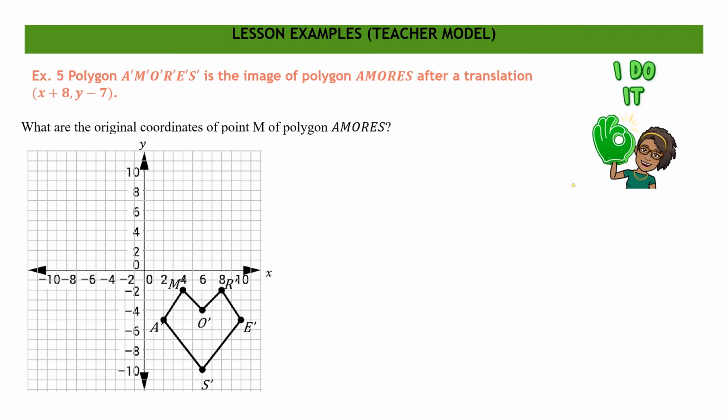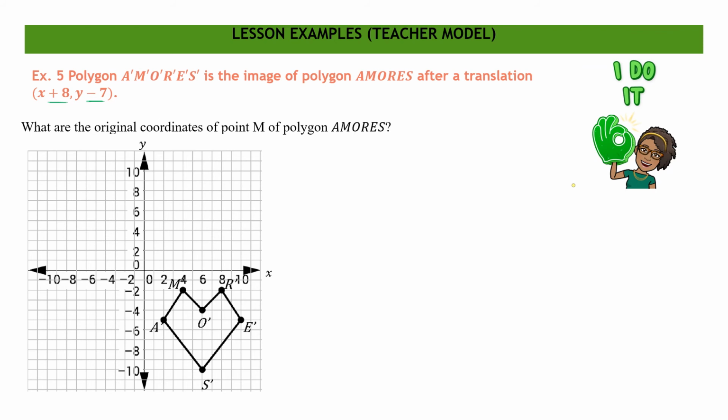Okay, in our last example, example 5, they give us polygon A prime, M prime, O prime, R prime, E prime, S prime. And this is the image of polygon AMORES after a translation of 8 units horizontally to the right along the x-axis and 7 units vertically down along the y-axis.